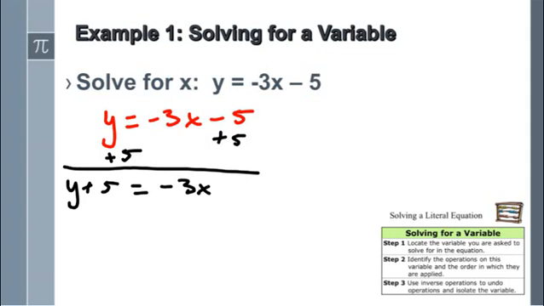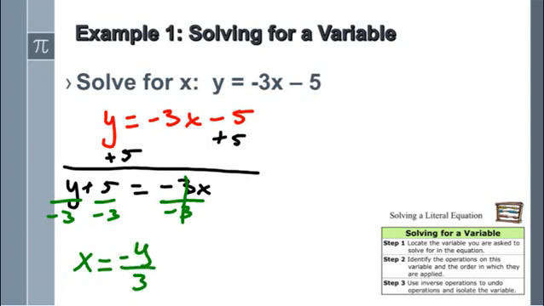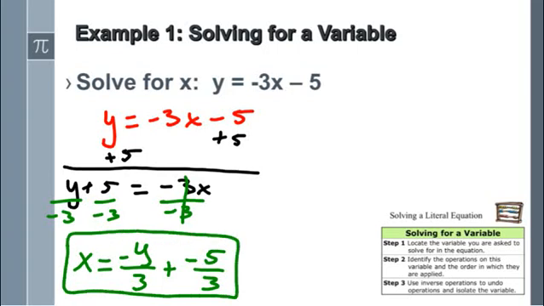Now to get the x completely by itself, I divide by negative 3 because I'm multiplying originally. So to undo it, I do the opposite or the inverse, which is divide by negative 3. So I'm going to divide both terms by a negative 3. So I have an answer of x equaling a negative y over 3, or negative 1/3 y, plus a negative 5/3. And that would be what x equals.